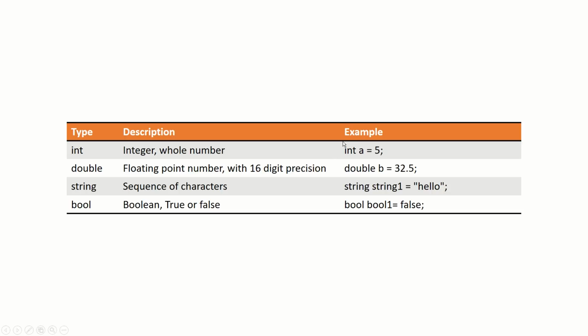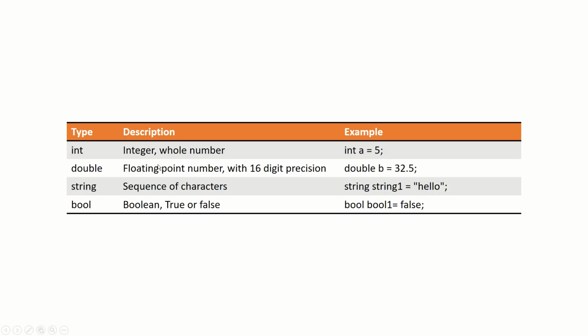And the way you use it is you write int and then a name, which can be A or Peter or I don't know, anything. And then you can assign a value to it, which is in this case 5. Or as I said, it can be any other whole number.